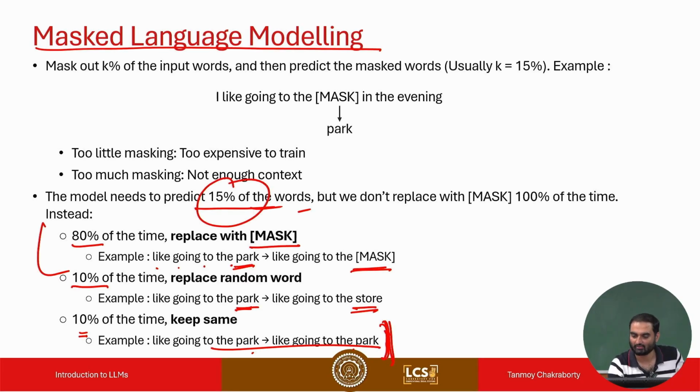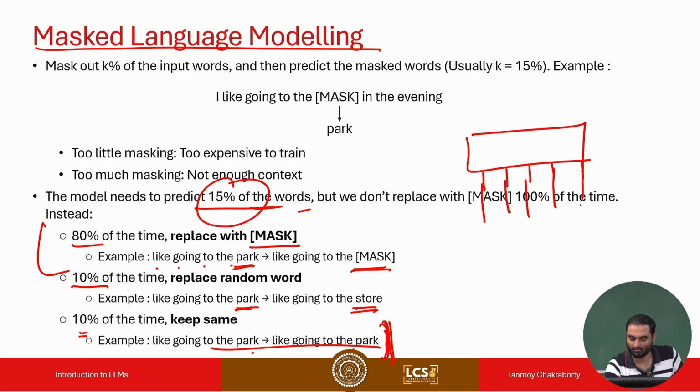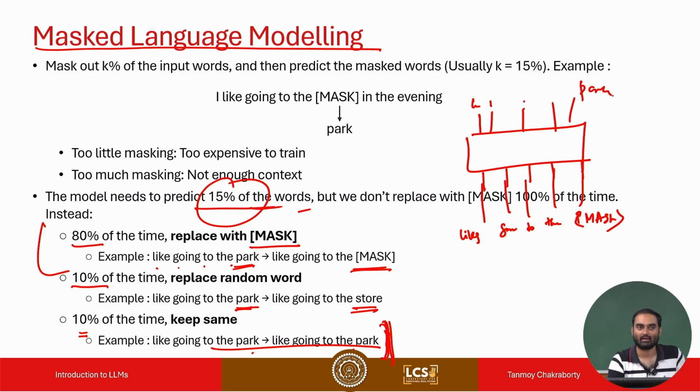So how does it work? This is my input: going to the park, with the token masked, is my input, and I expect my model to predict going to the park. And I calculate the error only at the position of masking, not at the other positions.